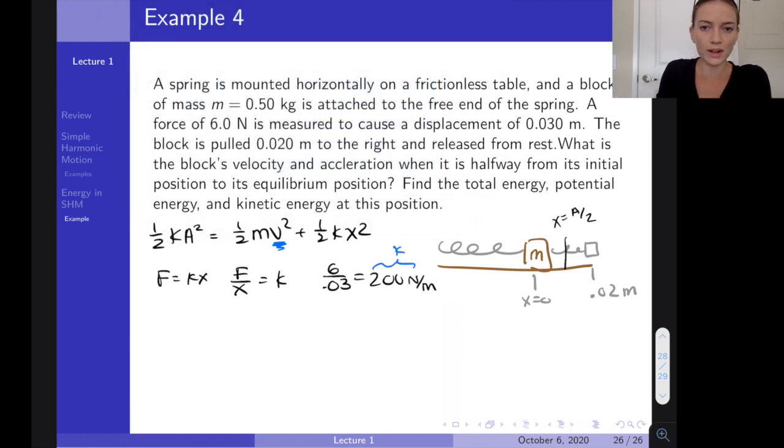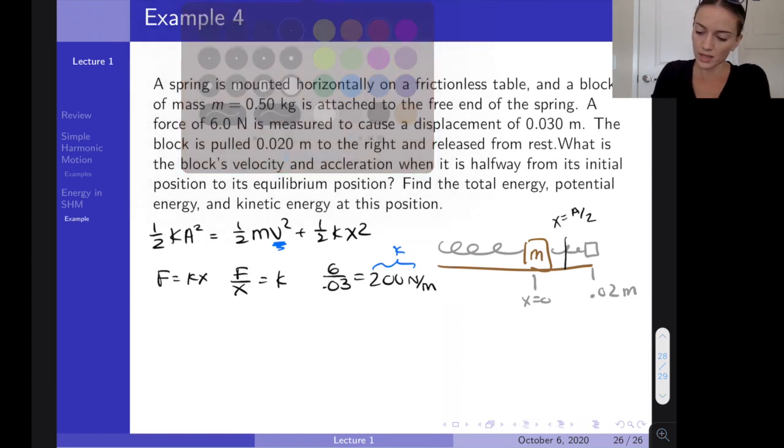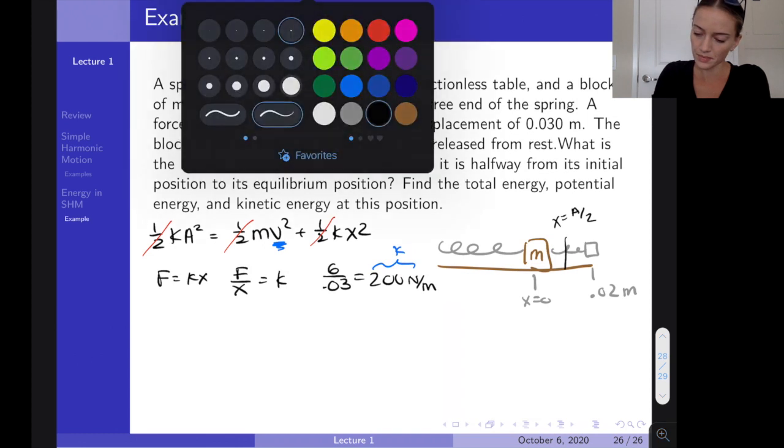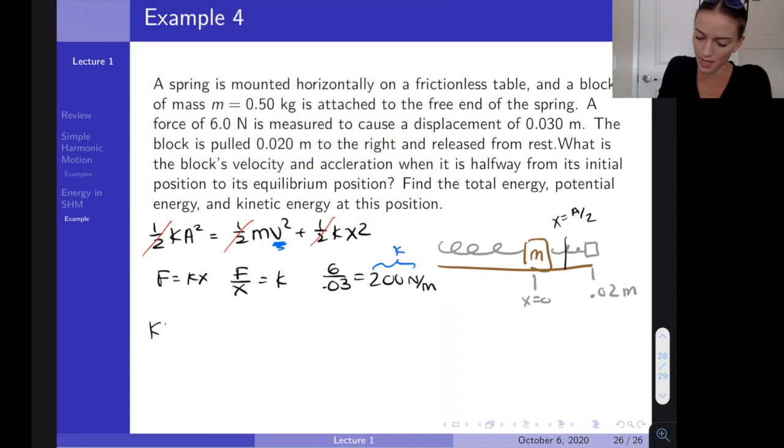Now let's rewrite our conservation of energy equation to solve for v. I can see here that all of my 1/2s will cancel. So now I have kA squared minus kx squared is equal to mv squared. I'll divide both sides by m and then take the square root, and I'll get v.